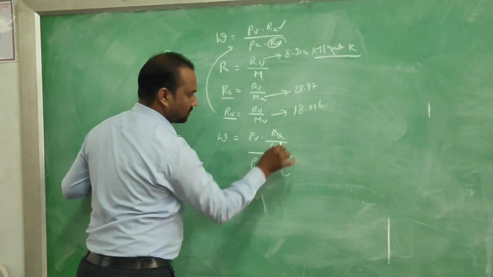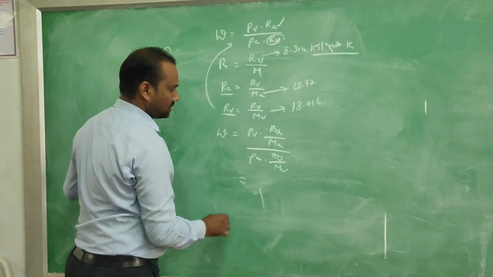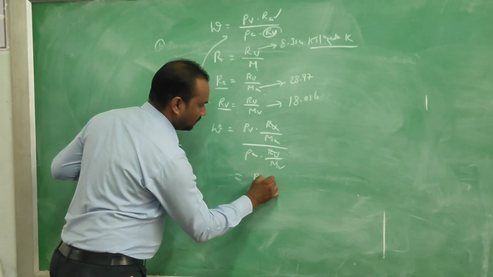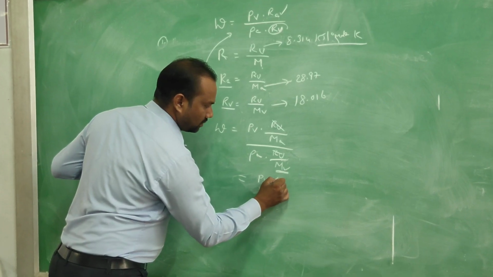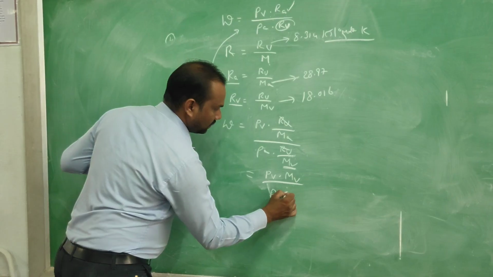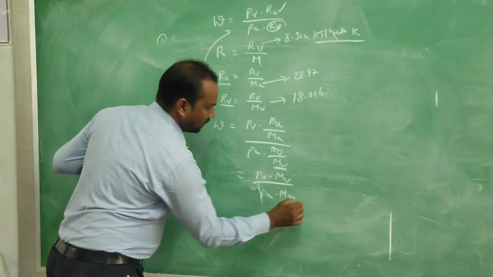So the universal gas constants get cancelled, then the equation is PV into MV by PA into MA.